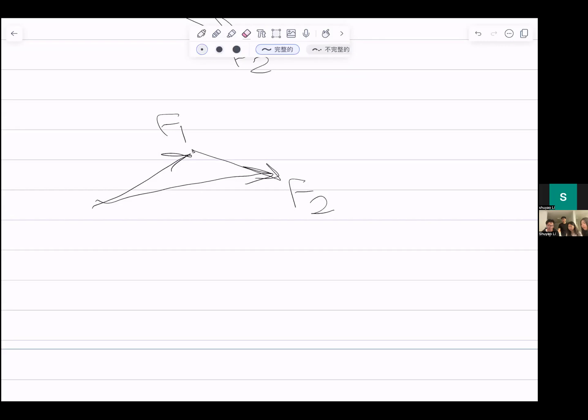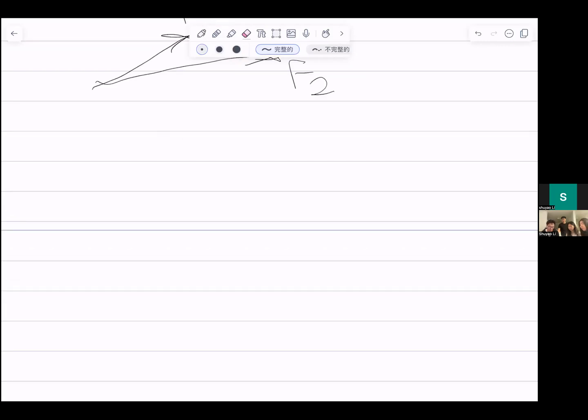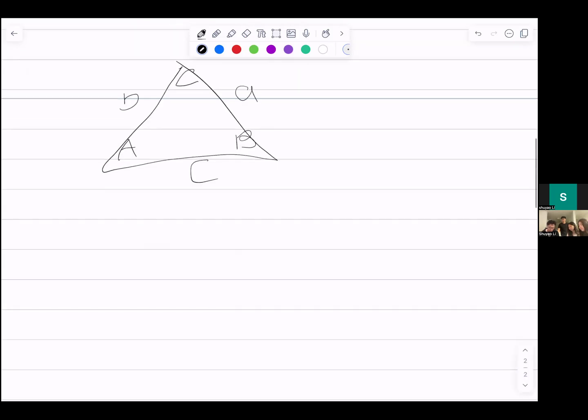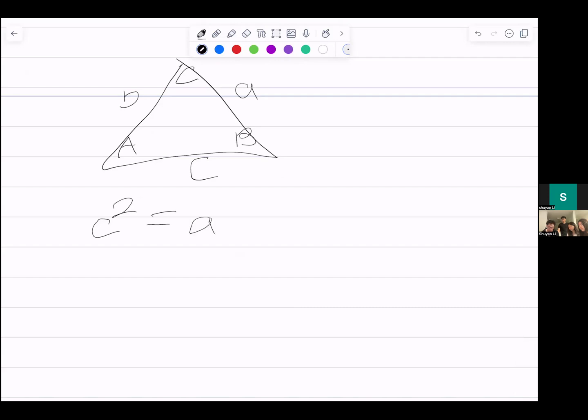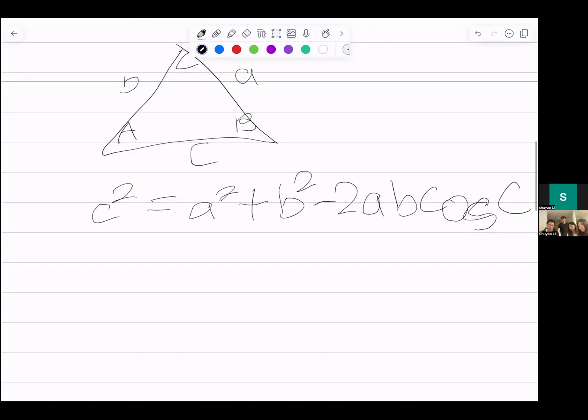Another important law is the law of cosines, which is about having a triangle ACB with lowercase side values. The formula is c squared equals a squared plus b squared minus 2ab cosine of C. This is just a general formula; it depends on the angle inside that we need to find.